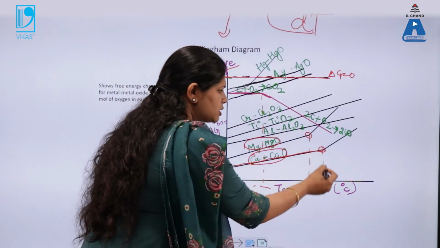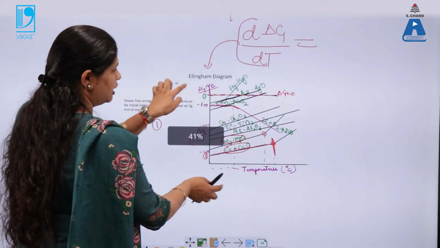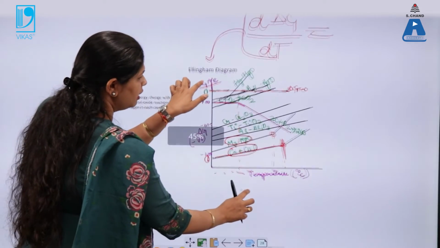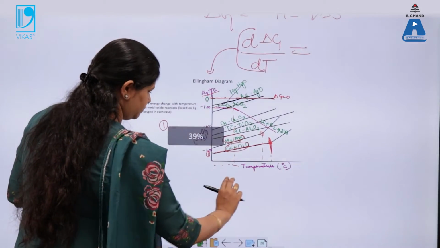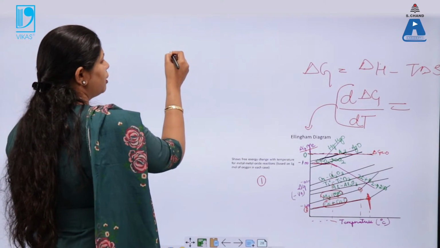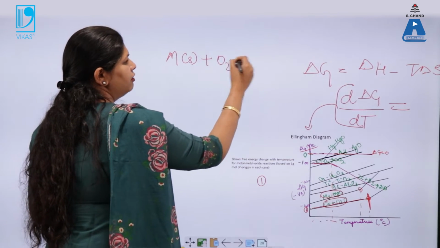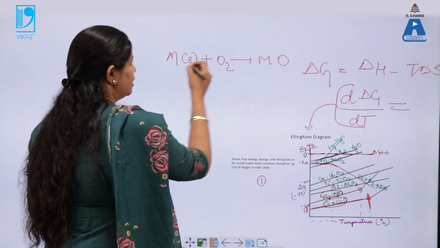What happens at this point? At this point, the initial conversion was happening from the solid state. Solid metal getting reacted with oxygen to form metal oxide.